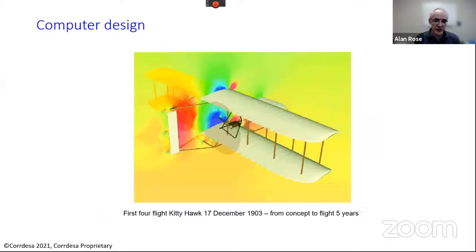And I've actually seen computational fluid dynamics models of the Wright Flyer. All that said, though, from concept to flight, it only took them 5 years. And even now it takes 10, 20 years to introduce a new material onto an aircraft. So they were certainly getting something right.